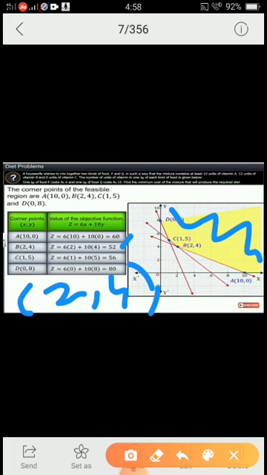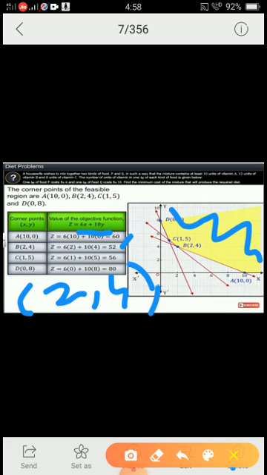What we should do is, in this 6x plus 10y, I have to give 52 as a value. Okay, and I have to check whether there is any common region for the inequality and the feasible region.